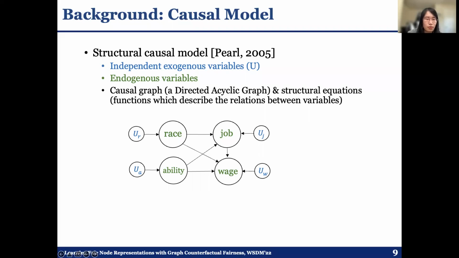Like in this little story, race can causally influence the job and the wage. Also, we have ability, which is a latent variable.